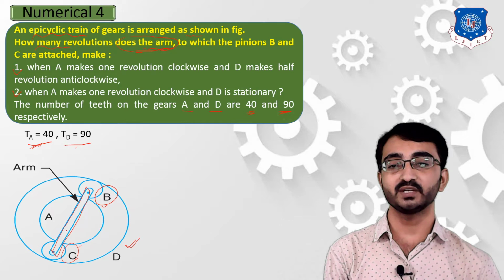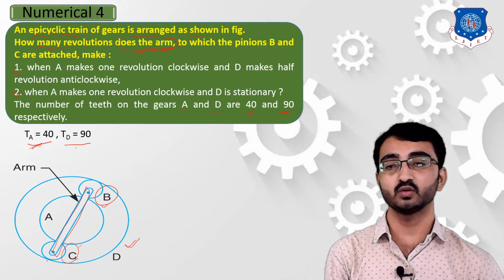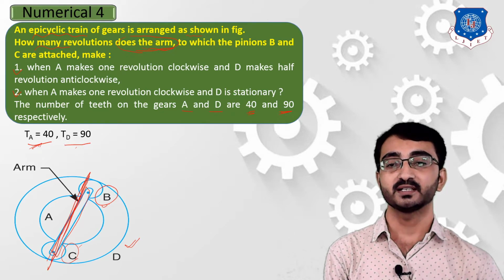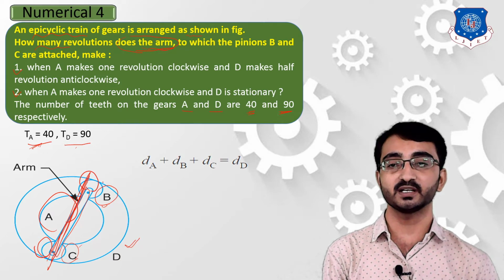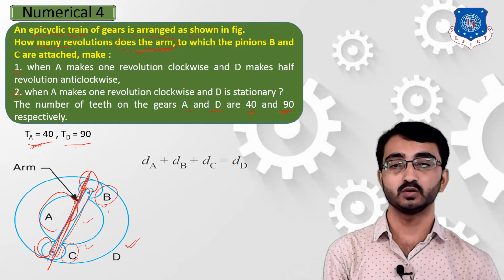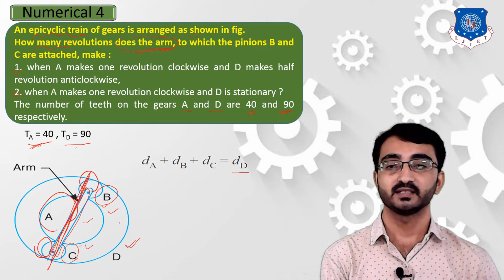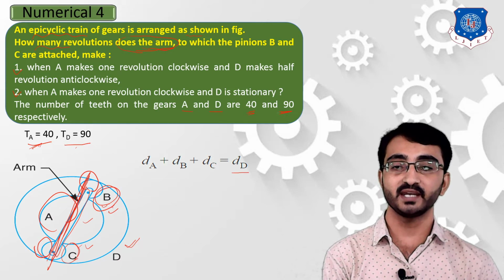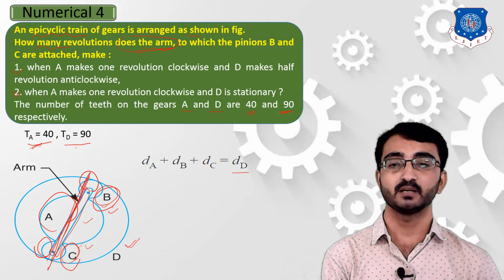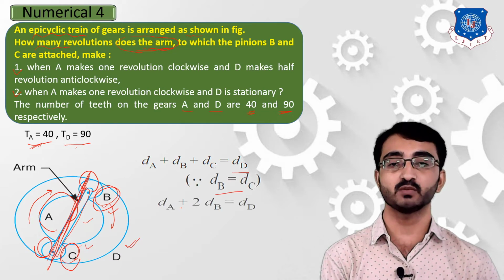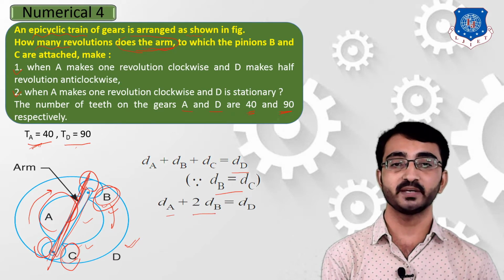From the diagram we can identify that the total diameter of gear D is made up of mainly three diameters, that is the diameter of gear C, the diameter of gear A and the diameter of gear B. So we can write the diameter of A plus B plus C is equal to the diameter of gear D. Gear B and gear C will have the same diameter, because then they will be able to rotate around gear A. So the diameter of B is equal to the diameter of C, and the final equation becomes the diameter of A plus 2 times the diameter of B is equal to the diameter of gear D.